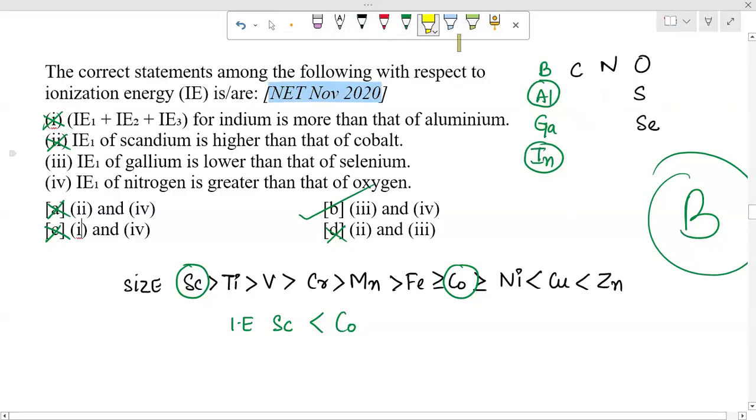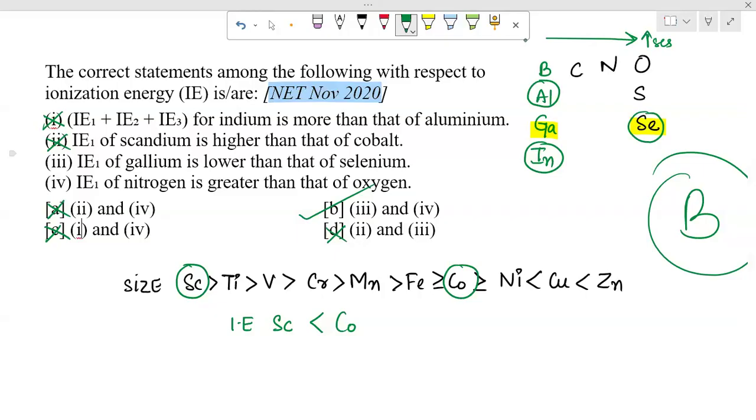The question is to compare gallium and selenium. Ionization energy increases on moving from left to right. Selenium is towards the right, and because of which the Z effective also increases. So ionization energy of gallium is lower than selenium. That statement is false.